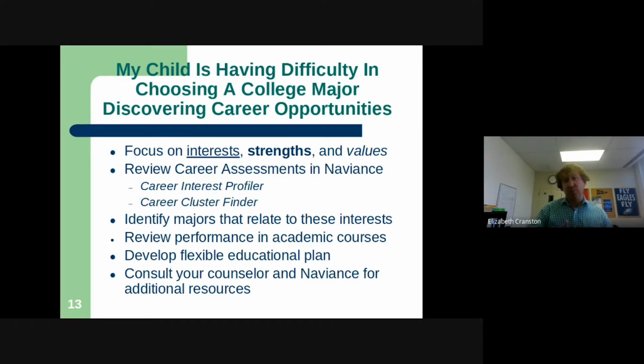Remember, your child will be a senior next year, which means a lot of their graduation requirements are already done, which means a lot of room for flexibility to take specific classes that relate to their interests and that can help to plan for their potential college major, which is a really good opportunity. You could always consult with us in Naviance for additional information if you need that.